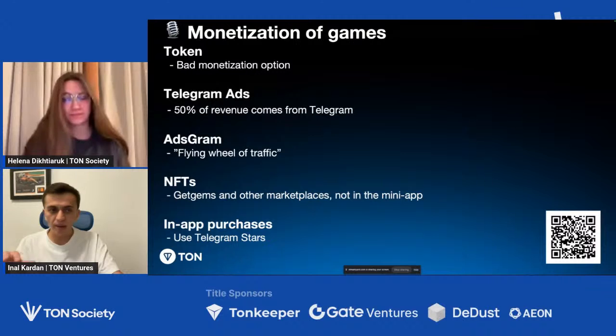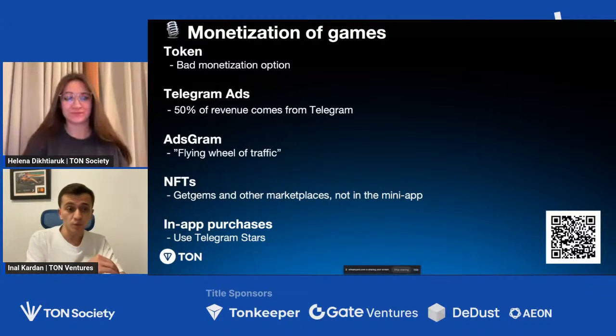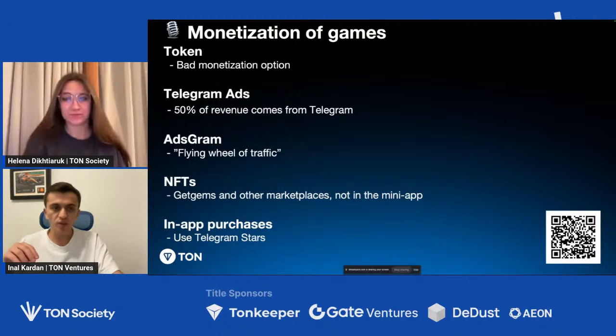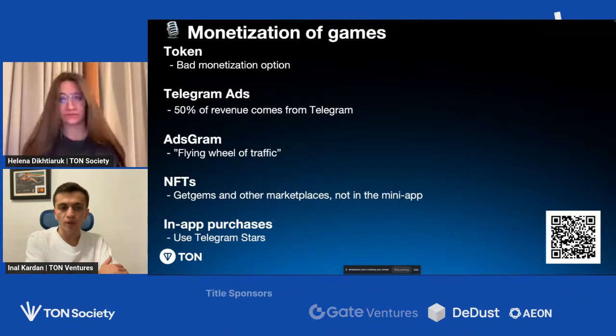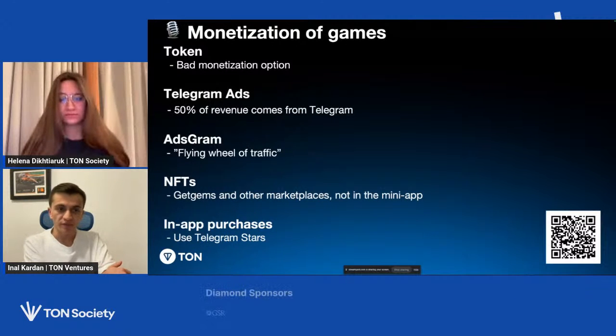I'm not going to talk about it too much, but if you're wondering what can be done with Stars and what can be done with crypto, just open the QR, or go to the Twitter of TON Ventures, where we usually publish a lot of interesting stuff for founders, and you'll find the thread.